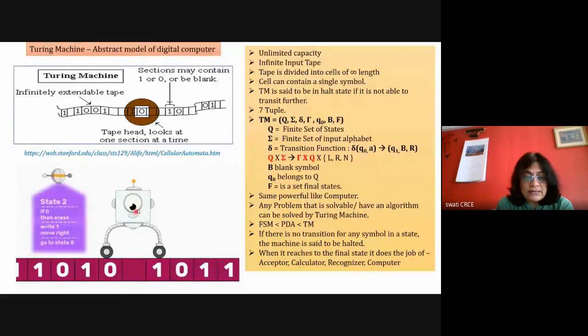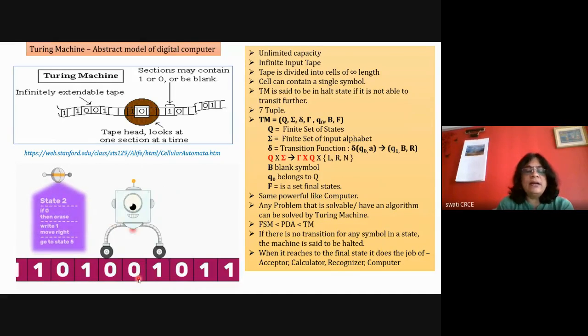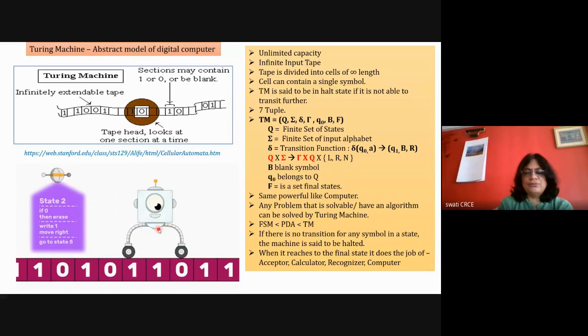If there is no change in the symbol, it will read zero and write zero back; we don't have to say anything. Both operations are done at the same time. So it may read and write another symbol, or read and write the same symbol, depending on the logic defined by us in the delta transition function.